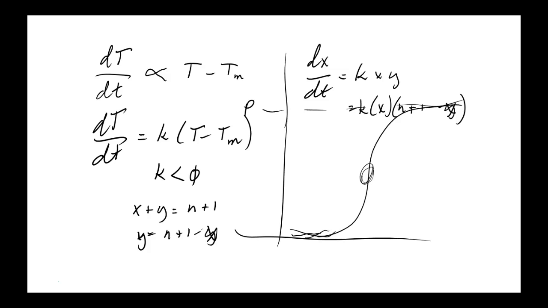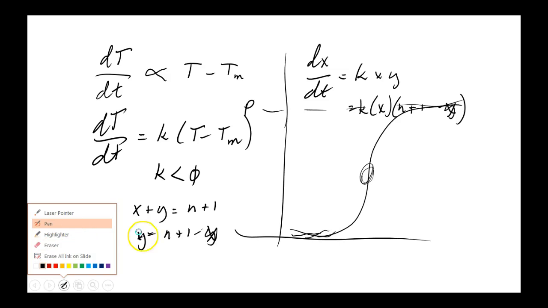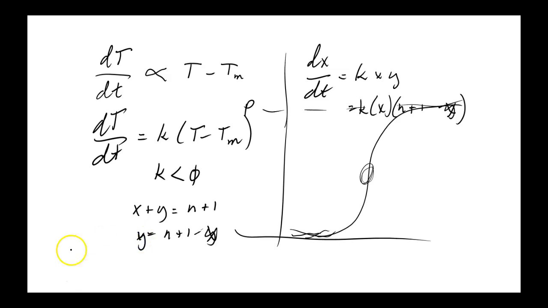I'm sorry, is there a typo in the book? Number 5 is kx times n plus 1 minus x. Yeah, that's what I have here. I started saying y, I changed it. Okay, let me go back and change this. I started saying x is a function of... Eraser won't come up. There we go.